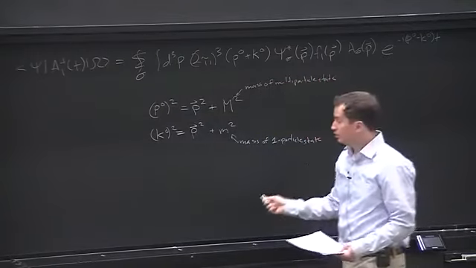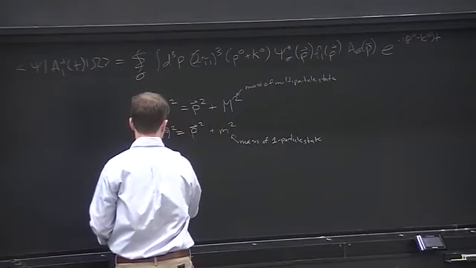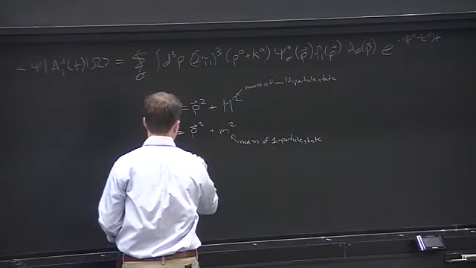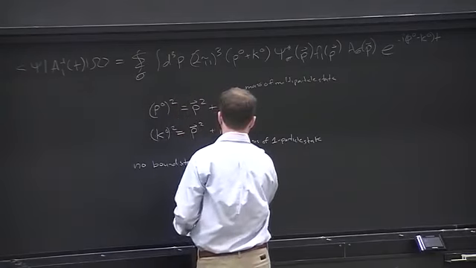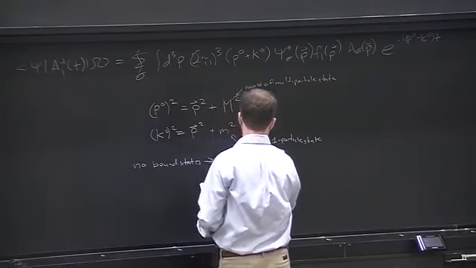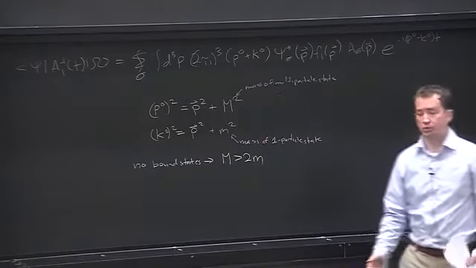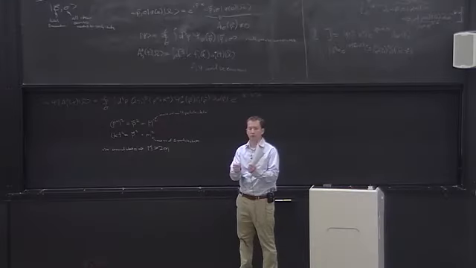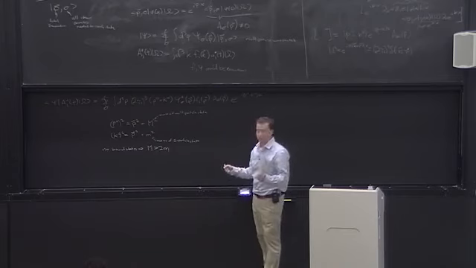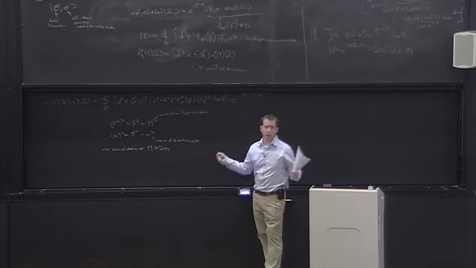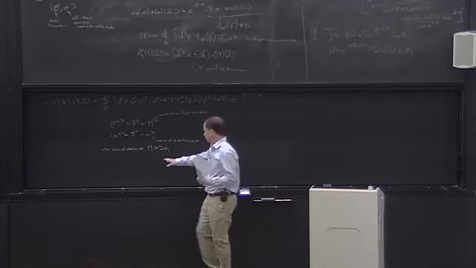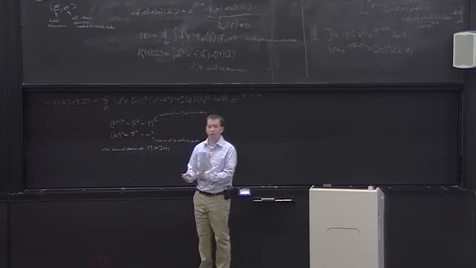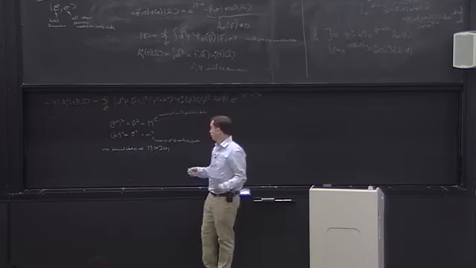And if there's no bound states, then M is greater than 2m. So in the center of mass frame, the least energy that a two-particle state could have is if the two particles are at rest relative to each other. They could have relative kinetic energy, of course. But the fact there's no bound states means we're assuming that there's no negative potential energy.